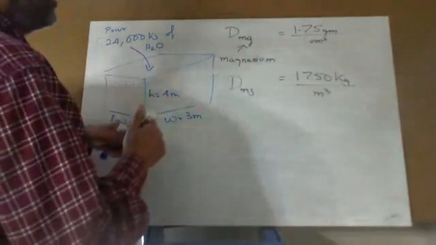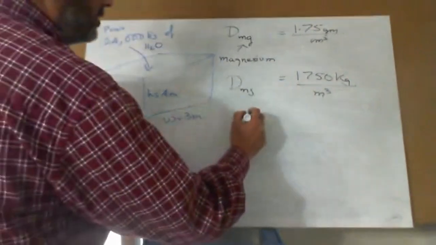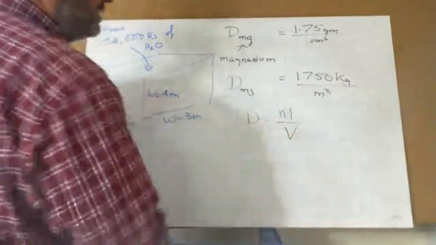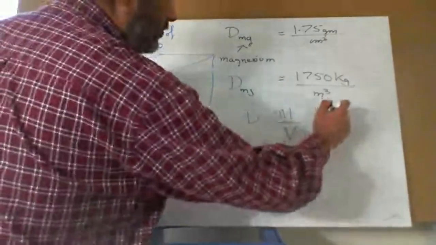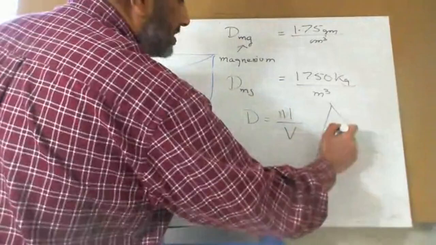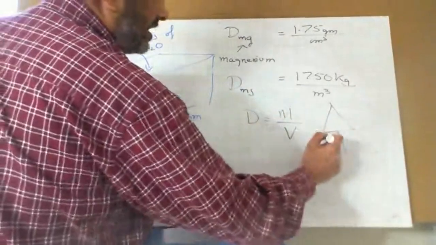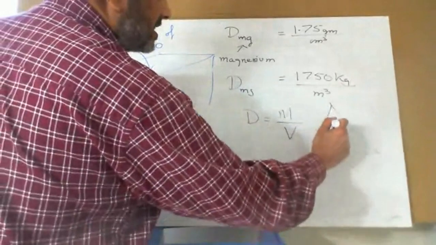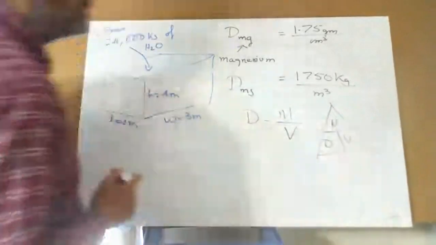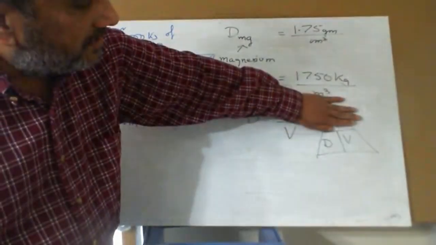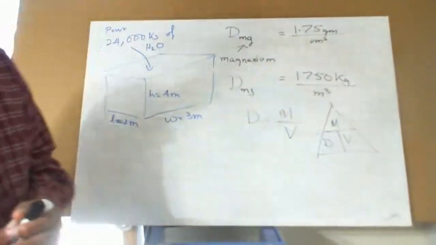Also, remember the formula: density is equal to mass over volume. If you want to memorize it, remember our friend, the triangle. Density is equal to mass over volume, right? If I want to find the mass, then it will be density times the volume.